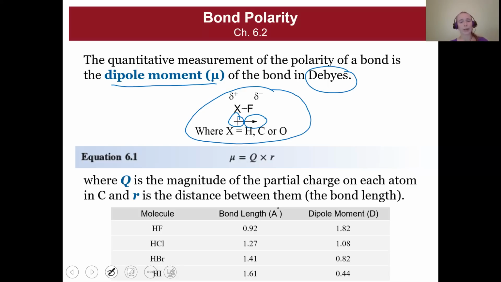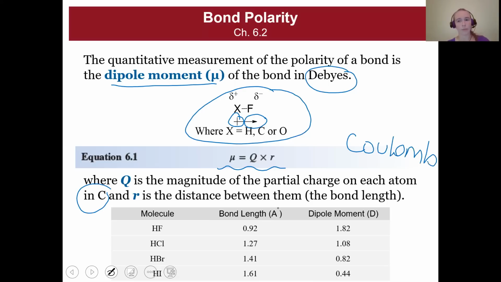So how do we calculate a dipole moment? It's a quantitative measurement, so we can calculate it. We can also measure it experimentally. So it's calculated by multiplying the magnitude of the charges in coulombs. Capital C for coulombs. As we've learned, Coulomb's law tells us about charges.